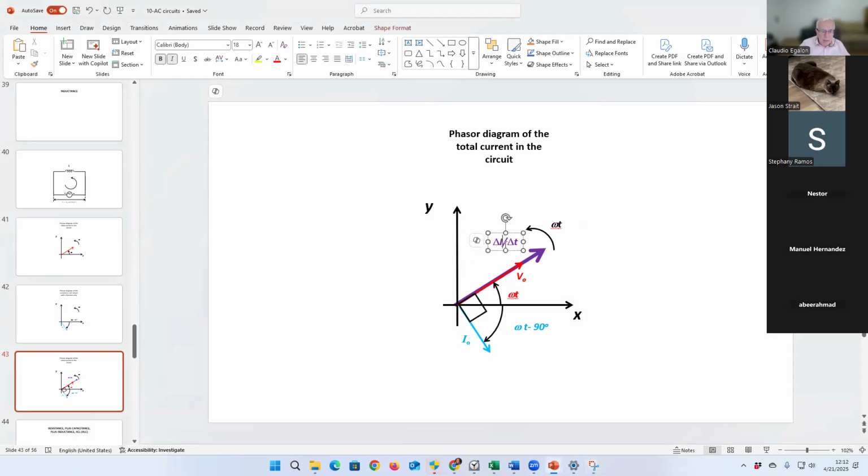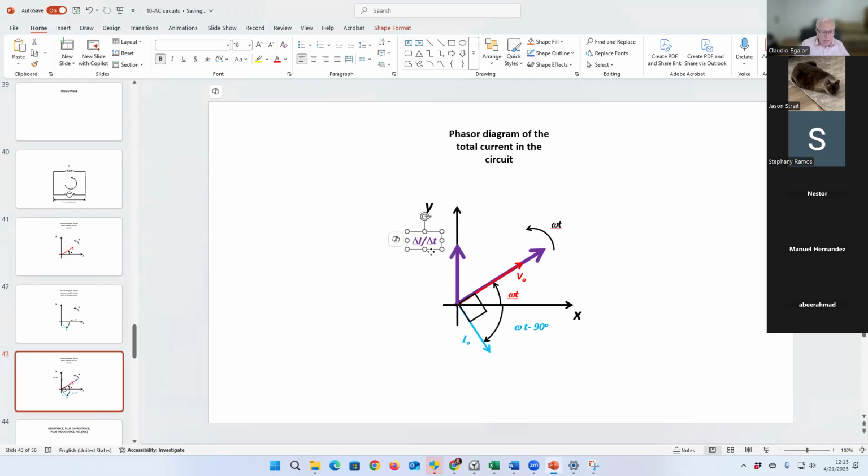Delta I should be only, here you go. Let me fix that. That's also delta I over delta T, this component. This component here is delta I over delta T.